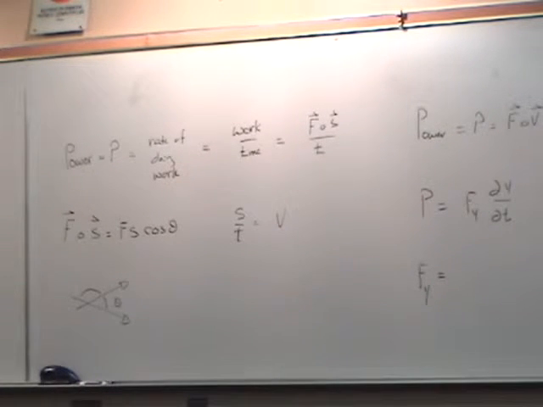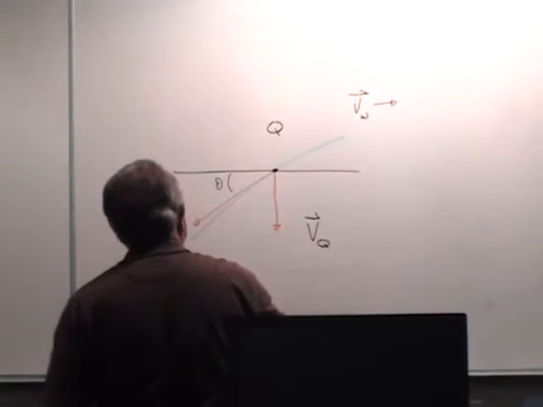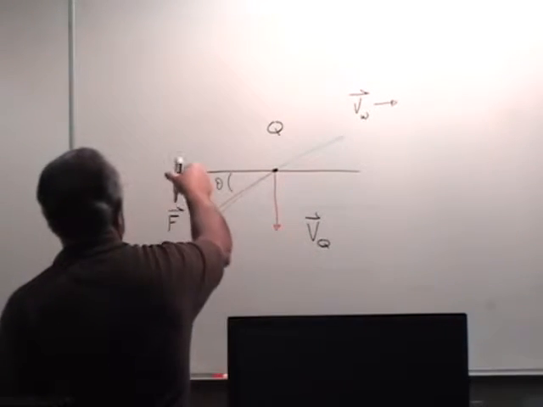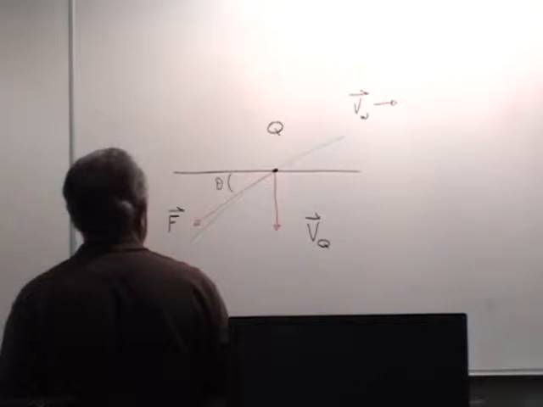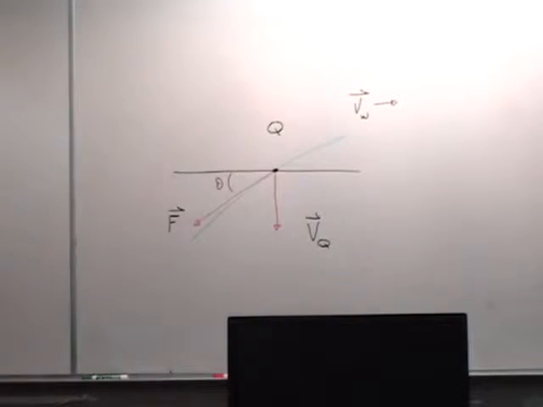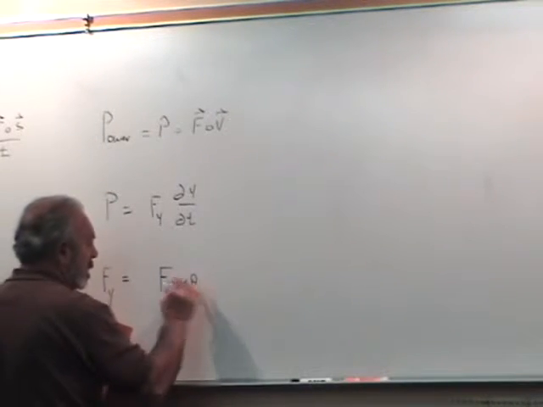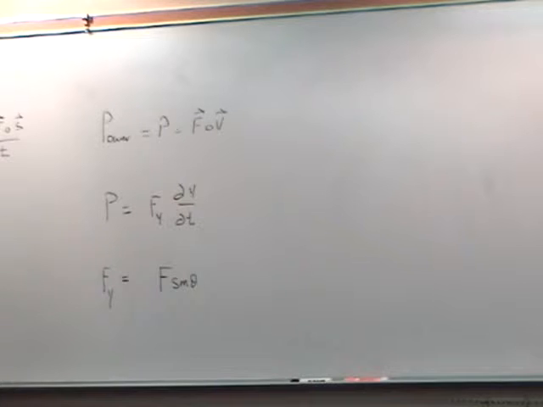If we define this angle here as theta, then F in the y is going to be just F sine theta. So it's going to be F sine of that angle theta measured with respect to the horizontal, not the angle between the two vectors. I'm also going to put a negative sign there.